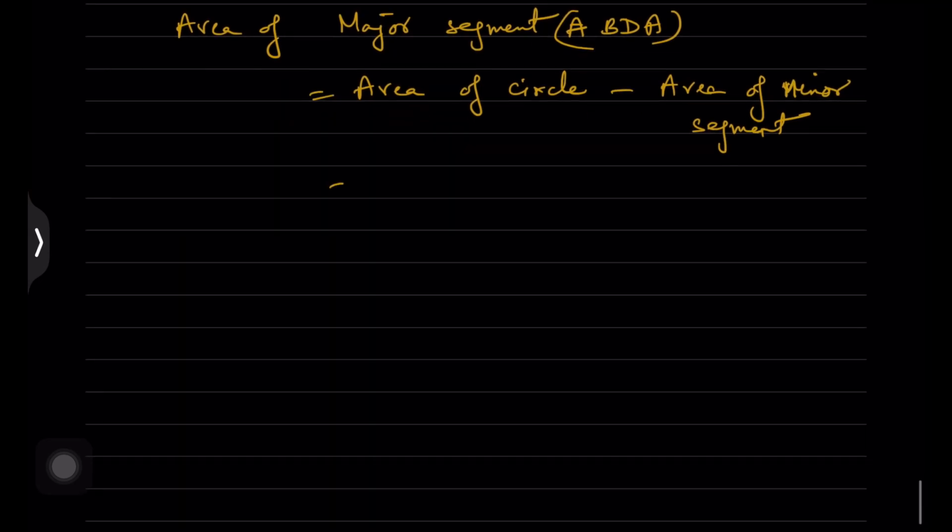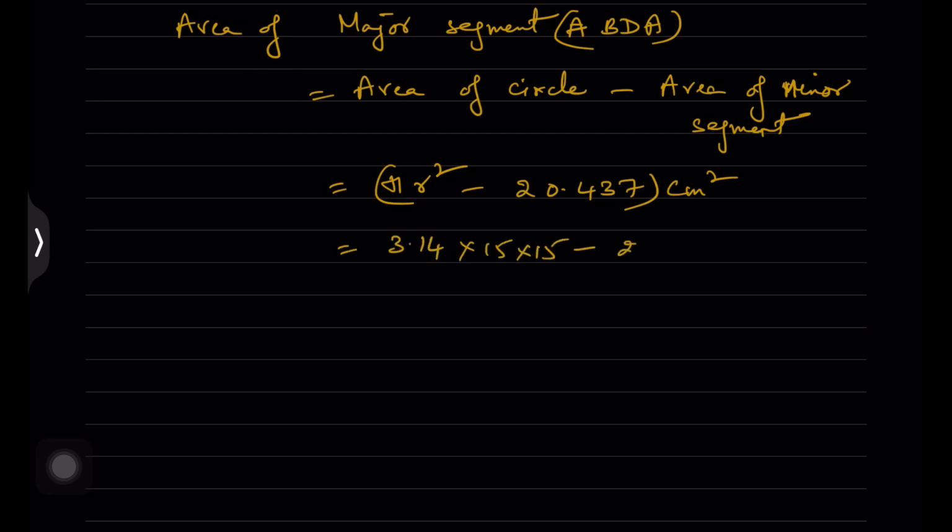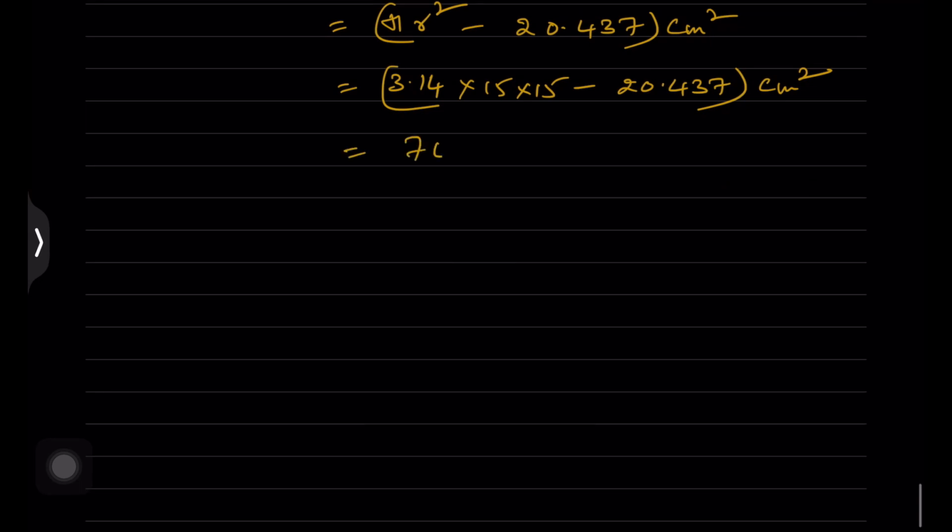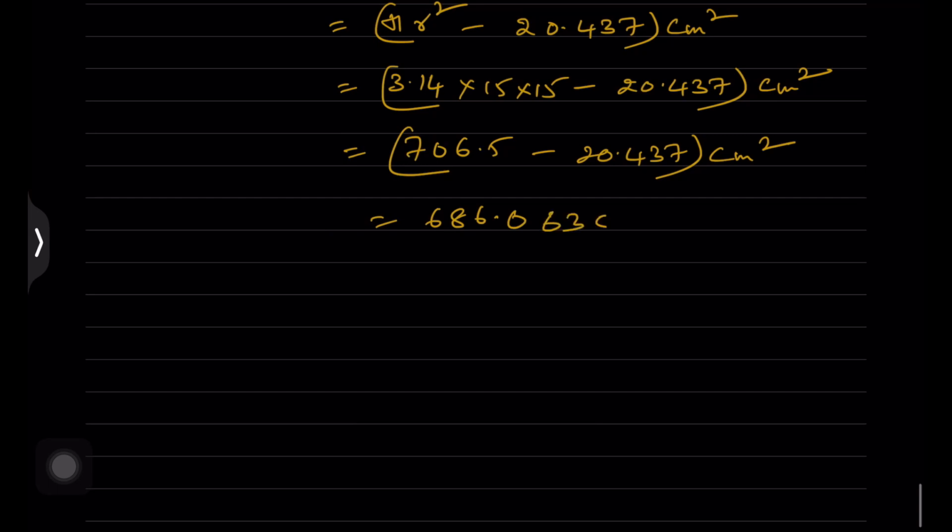So which is equal to pi r square minus 20.437 centimeter square, which is equal to 3.14 into 15 into 15 minus 20.437 centimeter square. So which is equal to 706.5 minus 20.437 centimeter square, which is equal to 686.063 centimeter square.